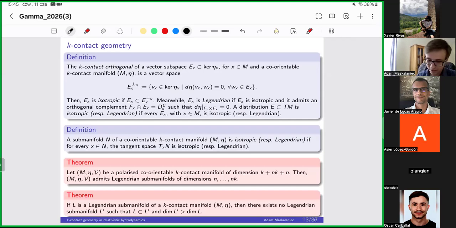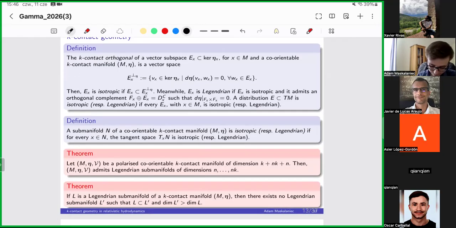This is different because in the contact case, these Legendrian submanifolds are always of dimension n. However, quite fortunately, whenever we have a Legendrian submanifold of a k-contact manifold, then it is maximal with respect to this inclusion relation.